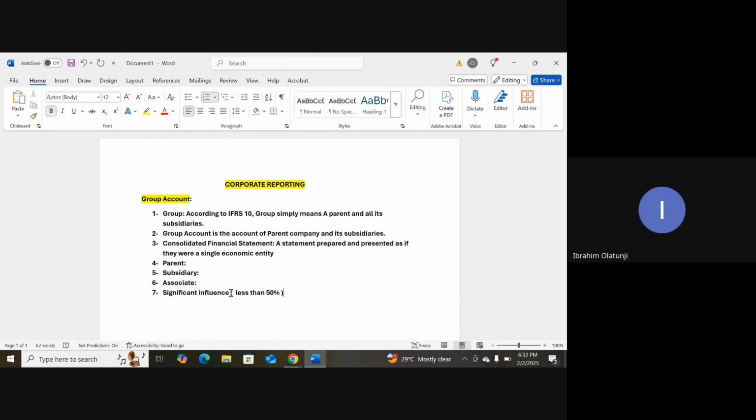And that significant influence will give you power to participate in the financial and operating policy decision of that company that you invest in. Is it clear?